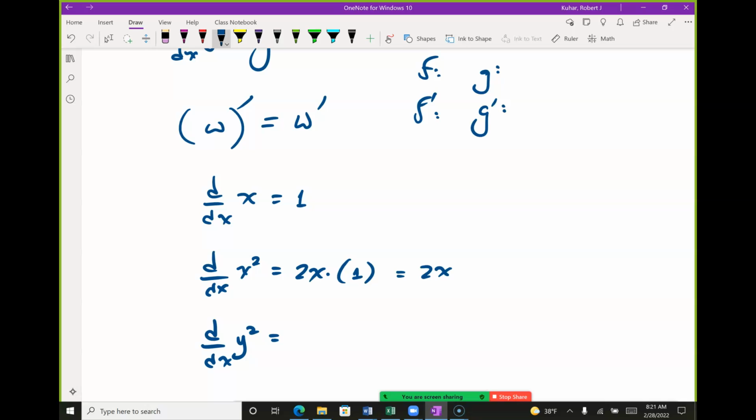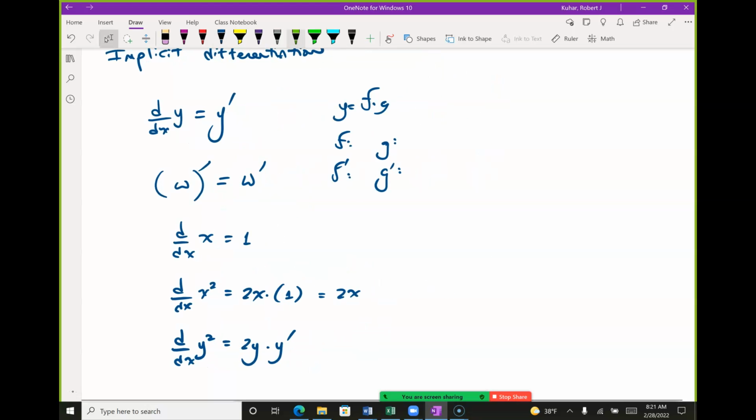Almost, 2y y prime. So why didn't I get an extra piece of the derivative up here? Because there's no inside or there's no outside, right? It's such a simple function that I'm just getting the prime, right?